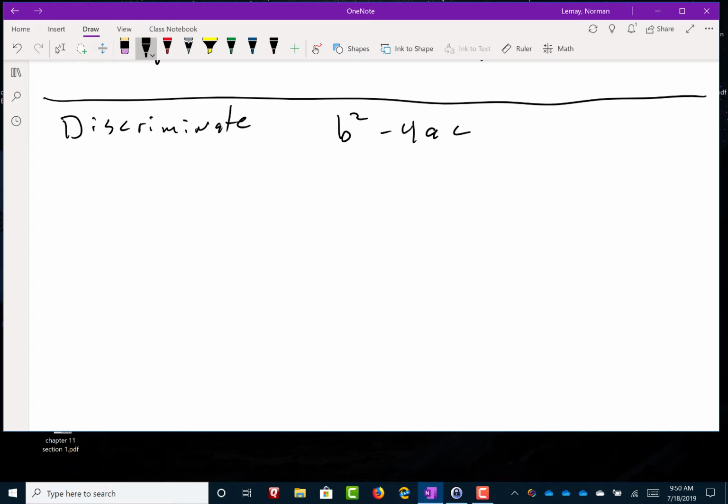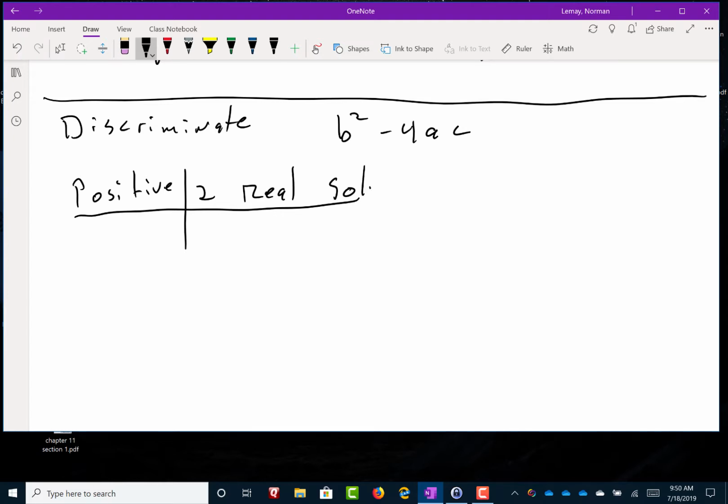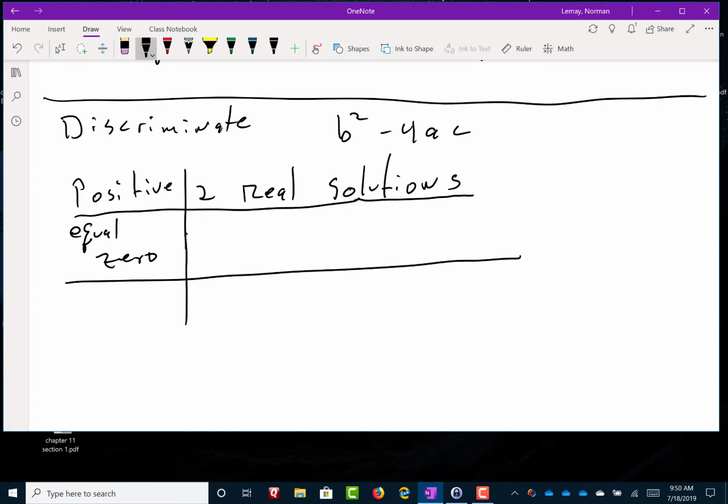The interesting thing to note is that if b squared minus 4ac ends up being positive, then we will always end up with 2 real solutions. If this thing equals 0, then we end up with one real solution.